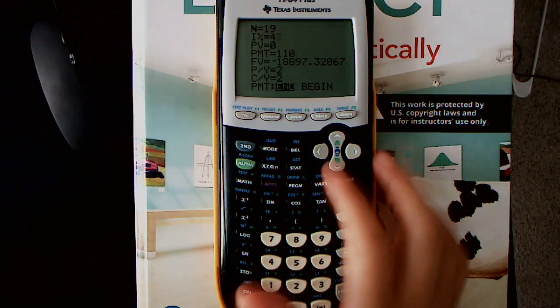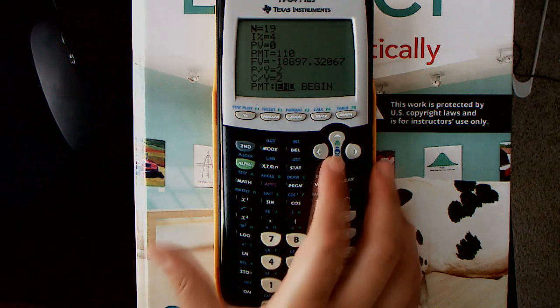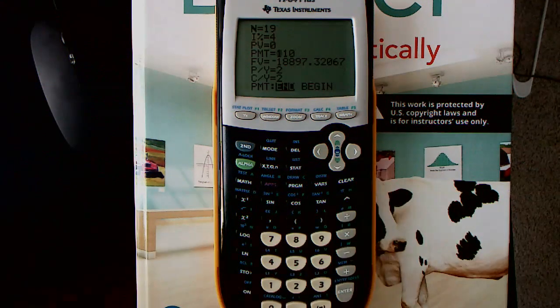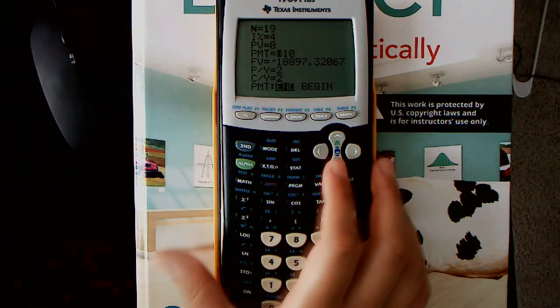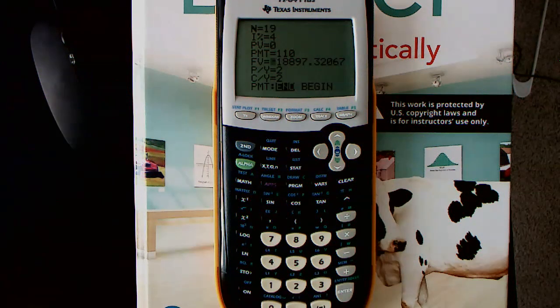Very convenient, you don't even have to convert to decimal. PV, present value, is always 0 for an ordinary annuity. Payment is the amount of money we are trying to find out, so we just skip it. And your future financial goal, how much money you want to have in 19 years? 130,000.